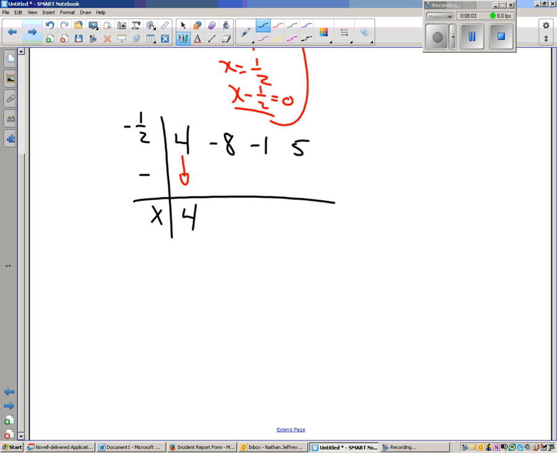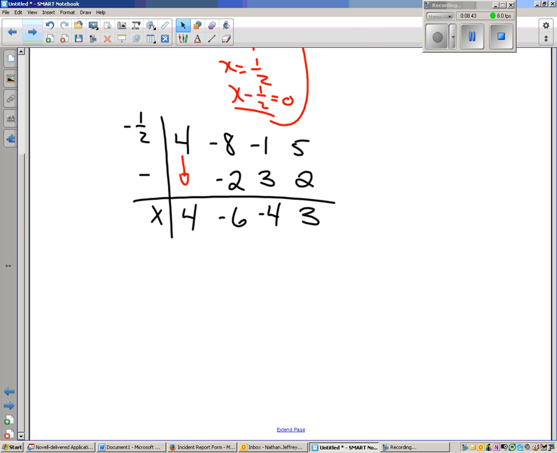Then it'll be 4 times 1/2, so it's 2. -8 subtract 2, which is -6. -6 times 1/2 is -3. -1 subtract -3 is 2. 2 times 1/2 is 1. 5 subtract 1 is 4.